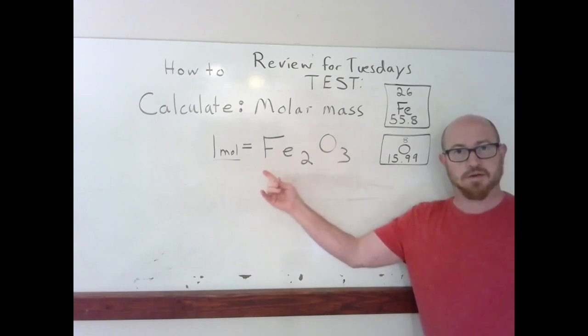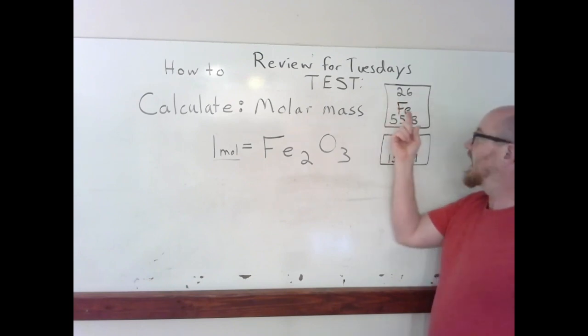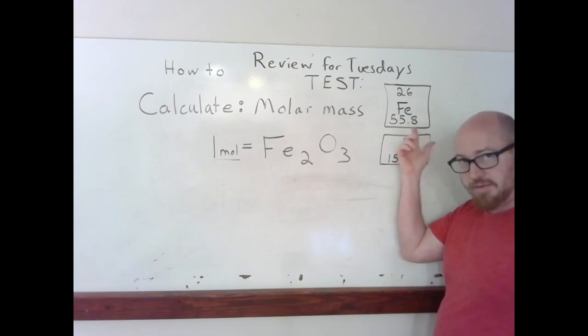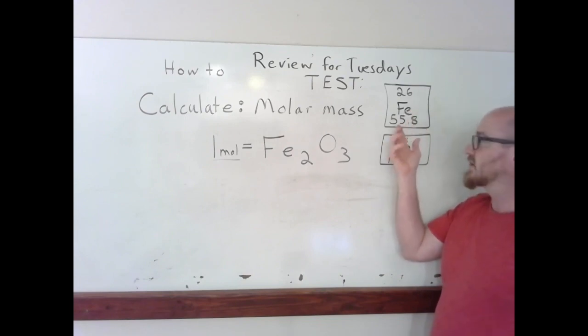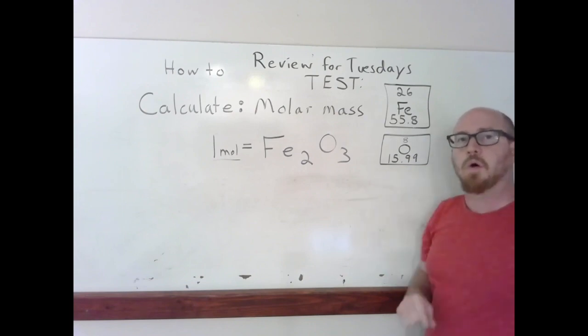Number 1 is iron. On your periodic table, iron is number 26, and it is 55.8 for its atomic mass. But remember, this atomic mass is how many grams per mole iron is. So 55.8 grams of iron is 1 mole of iron.